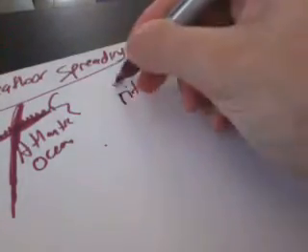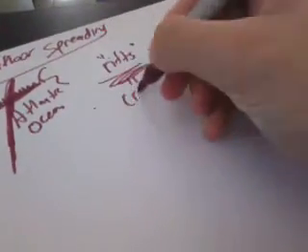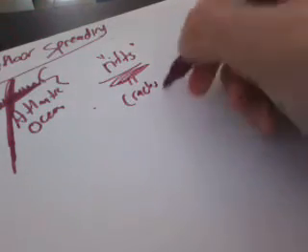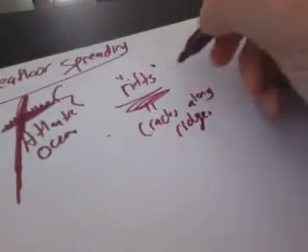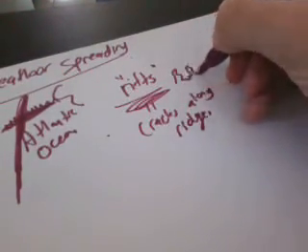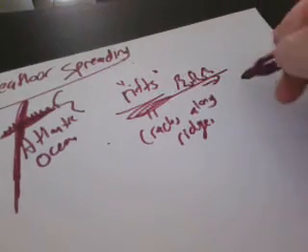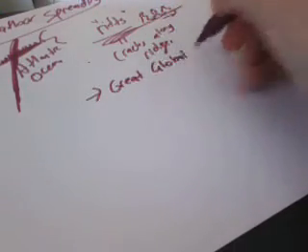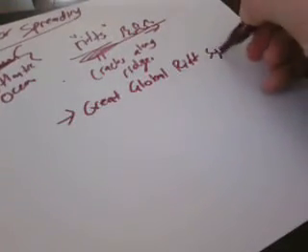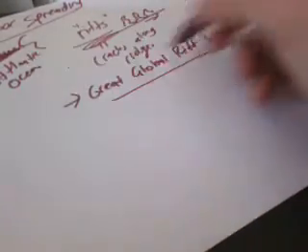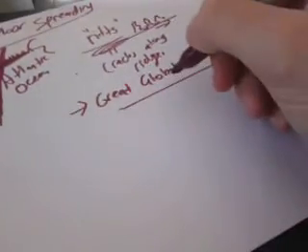Rifts is the word you should know. These are cracks along the mountain ridges, cracks in the mountains running along. Hence we come across the Great Global Rift System, where there are rifts running all around the world.